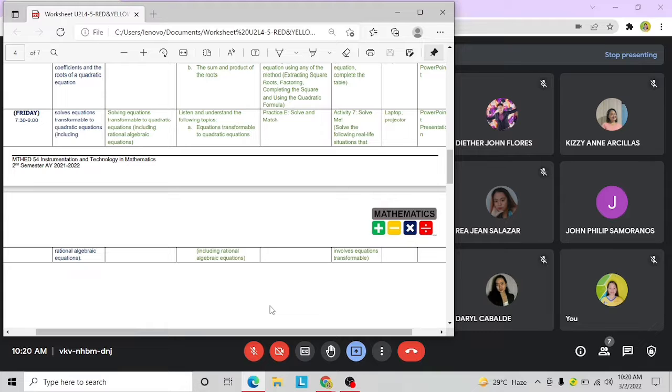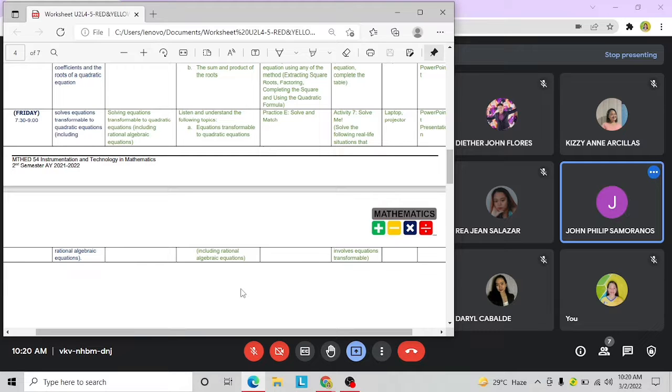Okay, for the fifth day, Friday, time 7:30 to 9 a.m. Learning competency: solves equations transformable to quadratic equations, including rational algebraic equations.